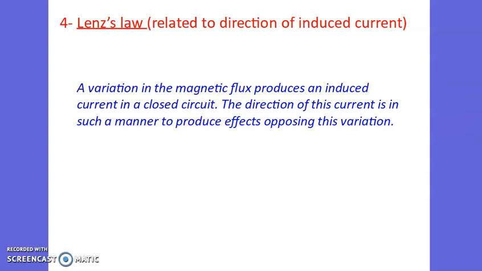Now, the direction of this current is in such a manner to produce effect opposing this variation. Means what? Means the induced current is created to oppose the variation or the sense of variation of the magnetic flux. Simply speaking. Let's see how.